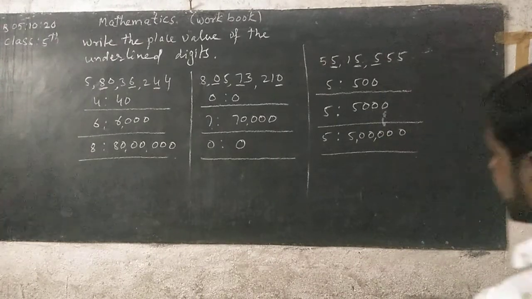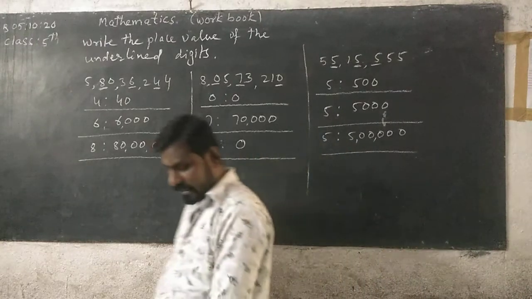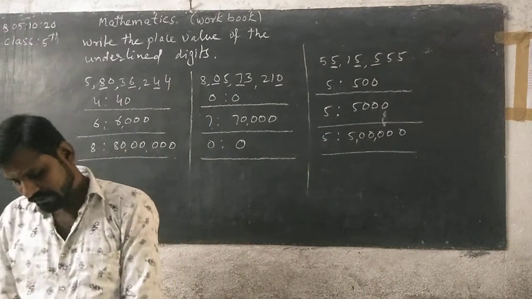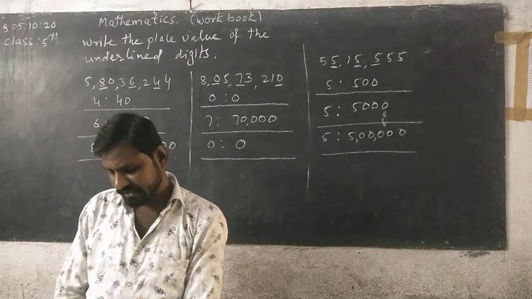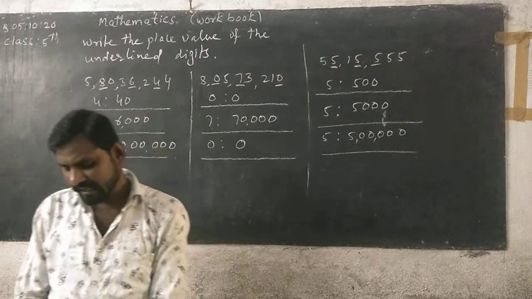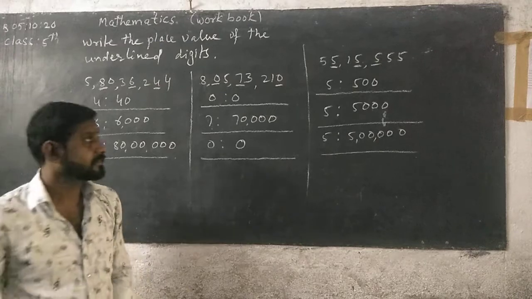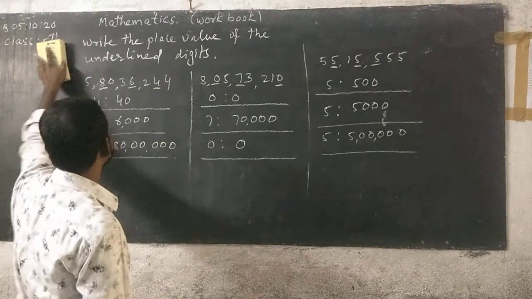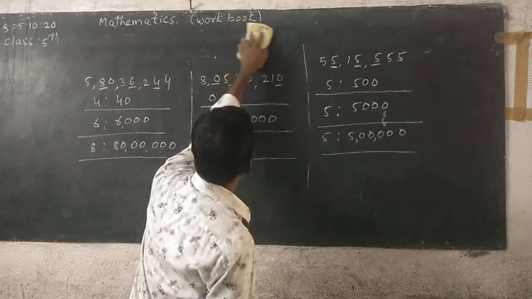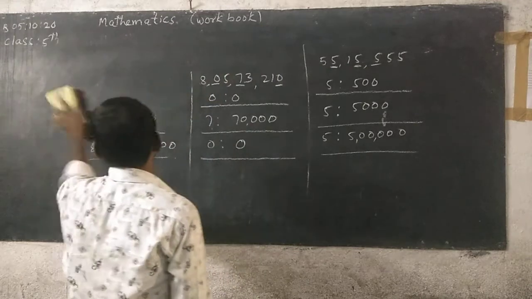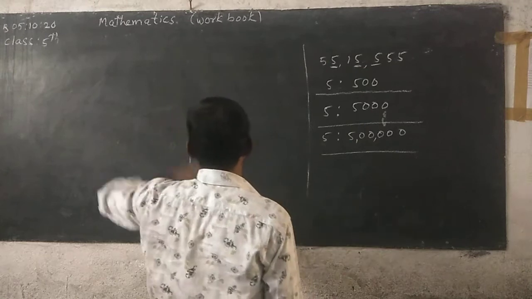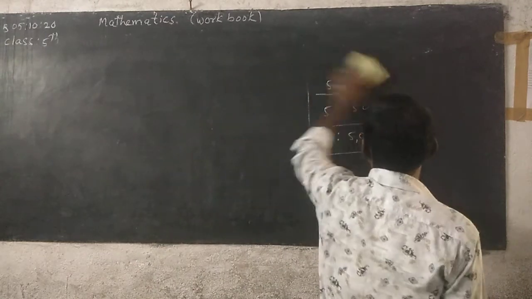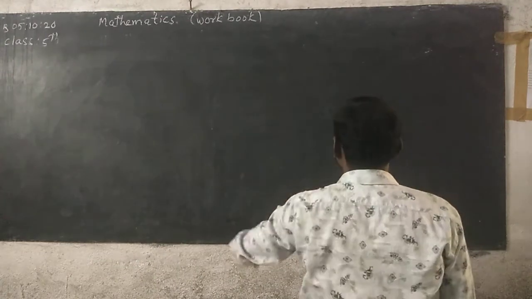So now next, compare the numbers by inserting the correct sign, less than, greater than or equal, between them. Already I discussed these problems in your course book and also activity book, but now I am doing a few problems.